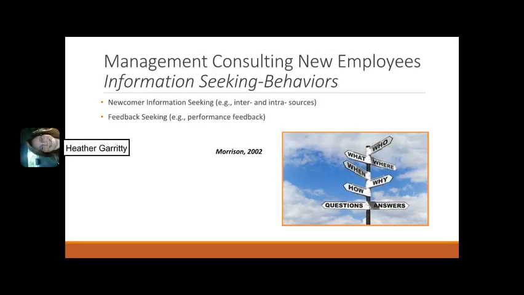New employees seek information differently based on their level of socialization and interaction with other employees at a firm. This can be described in Morrison's integrated models, which draw upon two lines of thought: newcomer information seeking and feedback seeking.